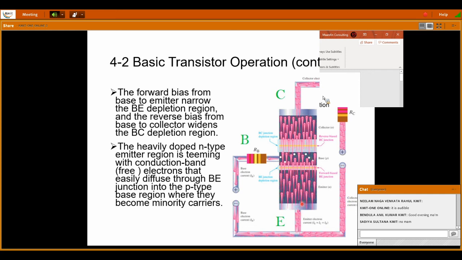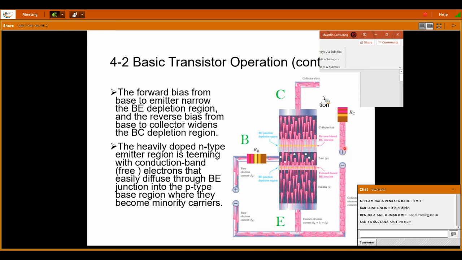Now the electrons emitted from the emitter sweep across the input junction and enter into the base region, and they constitute the current termed the base current. The leftover electrons become minority charge carriers in your base region, but when they come into the collector region, they become majority carriers. These carriers are pulled out from the base region, since the collector to base junction is reverse biased using this high reverse voltage.